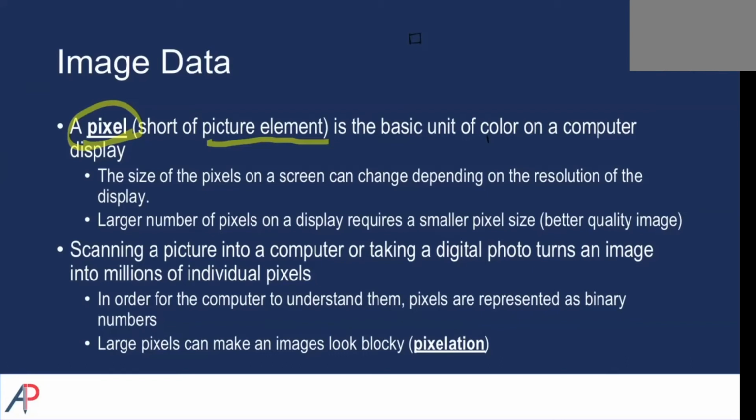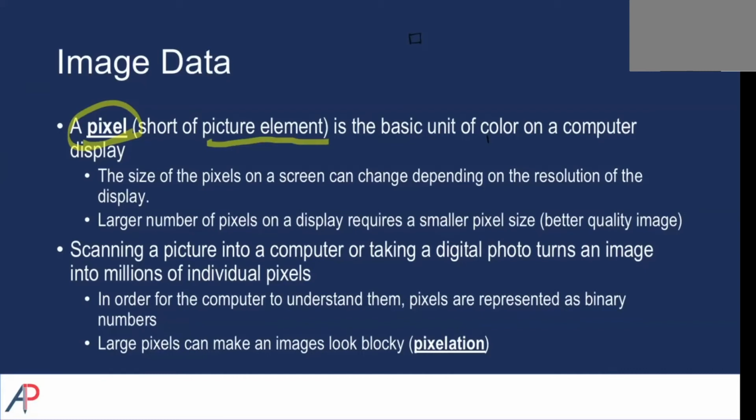A larger number of pixels on a display requires a smaller pixel size, which means a better quality image. So that goes hand in hand with the resolution. But I feel like a lot of you guys understand this. You guys have TVs, or if you guys game, you know monitors and stuff. So this might not be too bad, but all you need to know for now is what a pixel is and how it directly relates to what you can see on a screen.